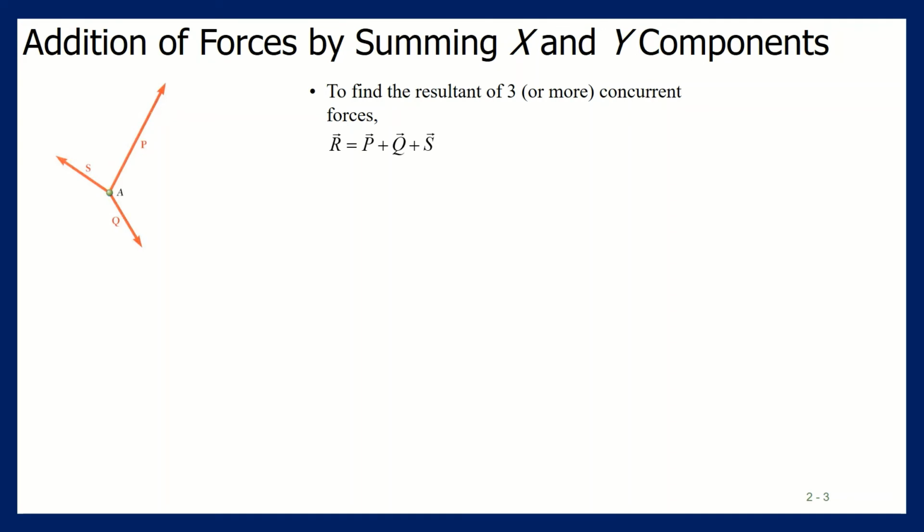Now if you want to add forces by summing x and y components, then this method is very simple. So suppose you are having three concurrent forces. What is concurrent force? When all the forces are passing through the same point. So here P, Q and S, they are passing through same point A. So that is why they are called concurrent forces.